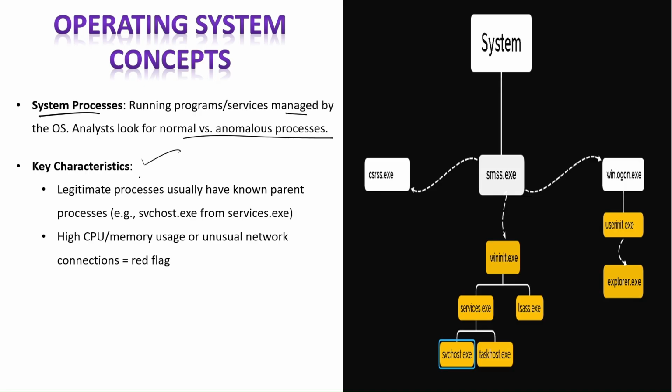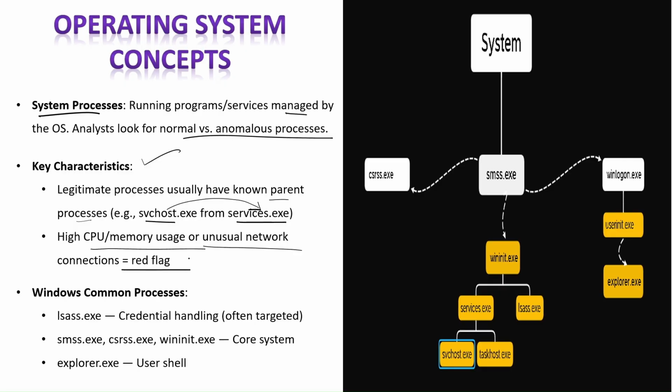Key characteristics: legitimate processes usually have known parent processes. For example, svchost.exe has services.exe as its parent, meaning this process inherits from that one. And if there is high CPU or memory usage, unusual network activity or unusual network connections, it means something fishy is going on and this is a red flag.